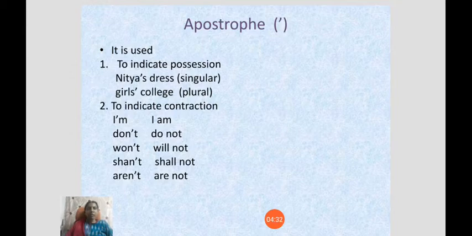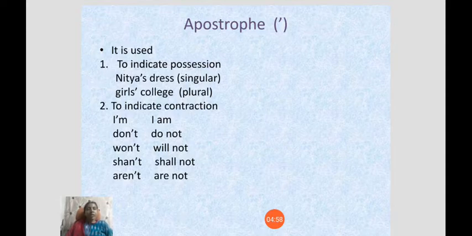Now let us take the example of girls' college. The college belongs to a group of girls. In the same way, girls' school. So, it indicates plural. When we use plural and it is sounding as S, girls, already S sound is there.